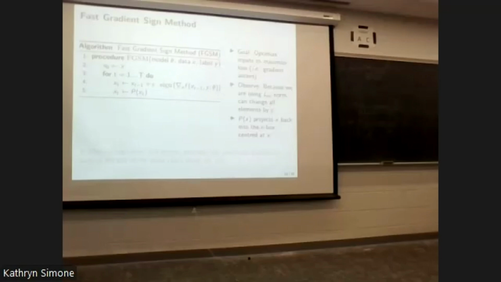So this is negative epsilon, this is epsilon. This is what we're saying when we're using the L-infinity norm, that the adversarial example can exist anywhere in the box.